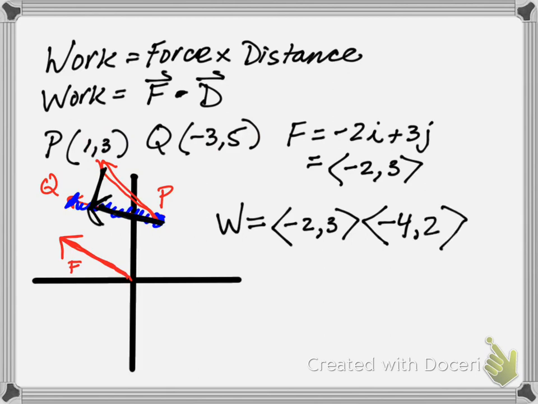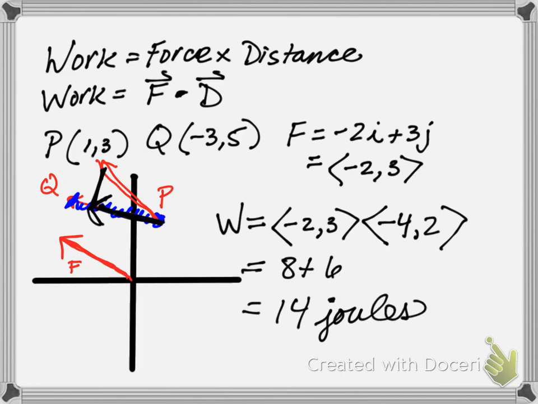So I've got my force vector here, I've got my distance vector here, and then I just do the dot product, and that's 8 plus 6 is 14. And that's the work. How easy is that? Now, you don't have to know this so much if you're not a physics student, but the units for work are joules. But I just found out that the work is 14 joules.